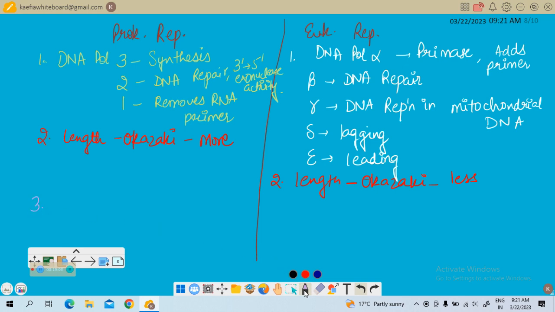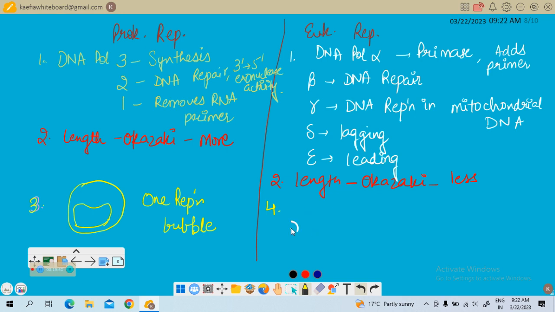Then in prokaryotic replication, it has only a single ORI, right? So it forms a single replication bubble. Only one replication bubble is there, whereas in eukaryotes we have multiple origin sites, origin regions.